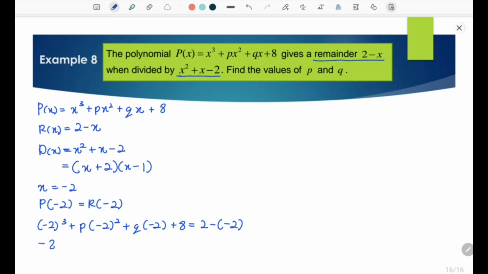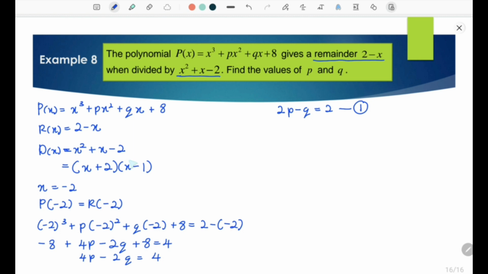We will get negative 8 plus 4p minus 2q plus 8 equal to 4. Simplify and rearrange these equations. We will have 4p minus 2q equal to 4. I will divide this equation by 2. So we have 2p minus q equal to 2 as the first equation.